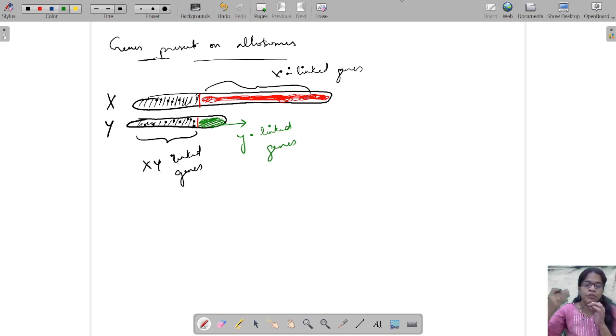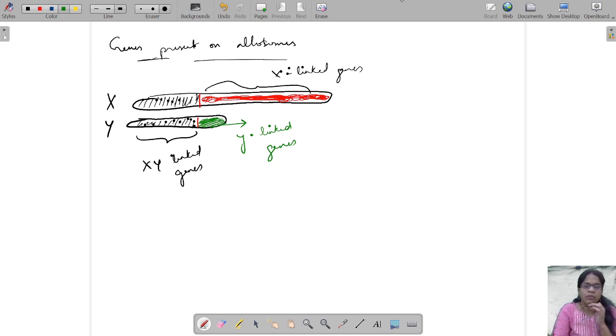So this test tells you whether the person has color blindness or not. They are not able to differentiate the shades of red and green. So this is the basic condition of color blindness.